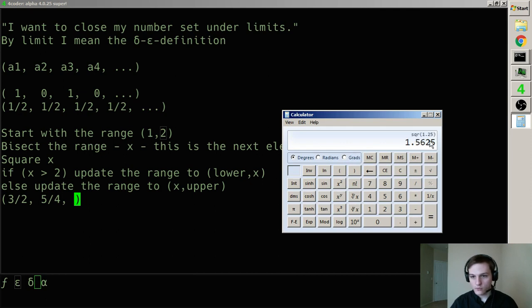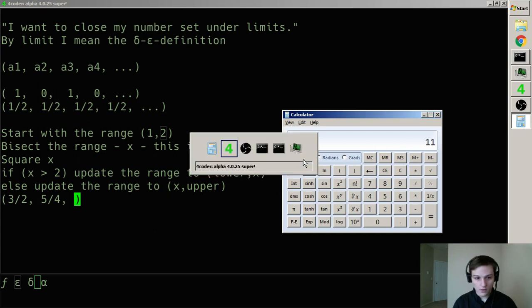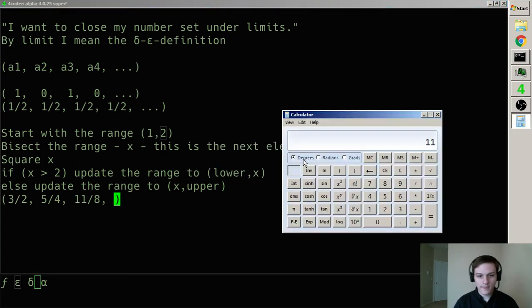It's much less than 2, so I've gone too small. Now my lower is 1.25 and my upper is 1.5. So 1.25 plus 1.5 divided by 2 is 1.375. That's something to do with 8, so let me think this through. There we go, 11/8.